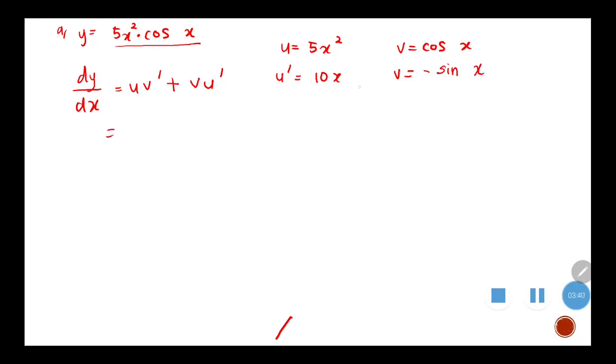Okay, now uv prime: 5x square times minus sine x, plus vu prime: cos x times 10x.